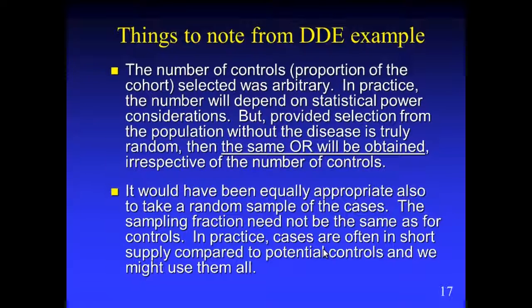But anyway, the point here is that there's a great deal of latitude in terms of the number of controls you select. It doesn't have to be some ratio relative to the cases. As long as it's a random sample, then you'll probably be okay. And at the same time, we could have taken a sample of the cases, not just the controls.